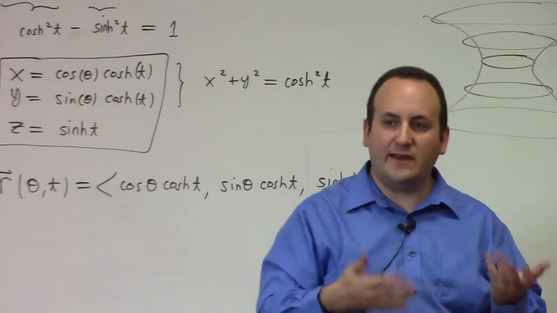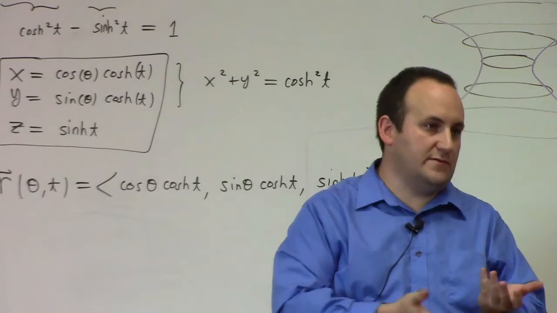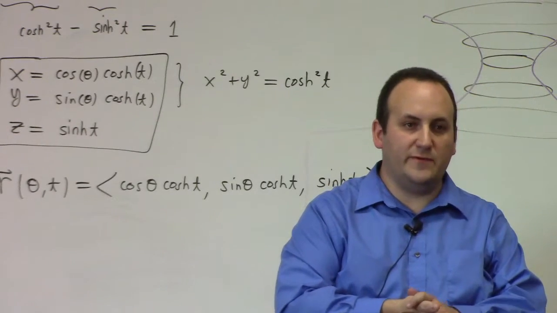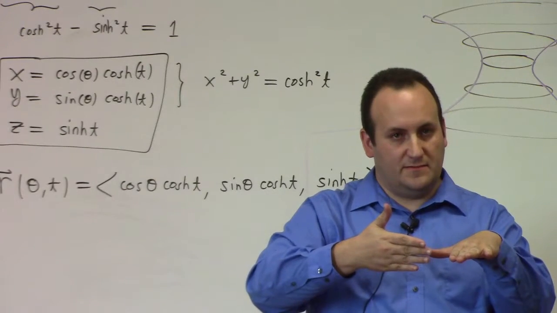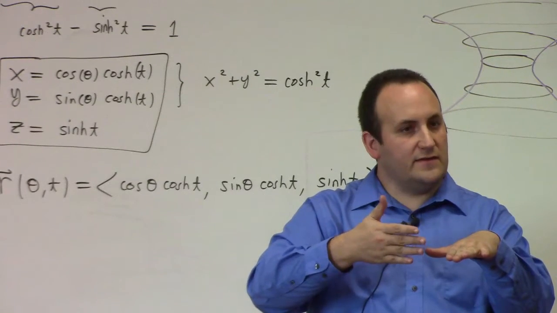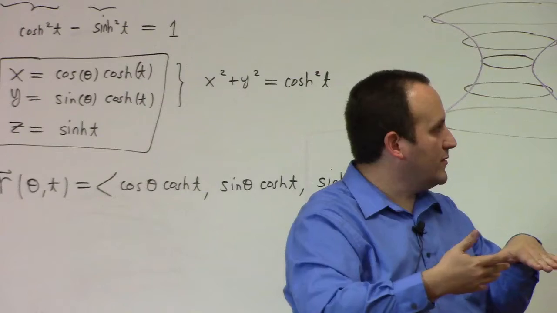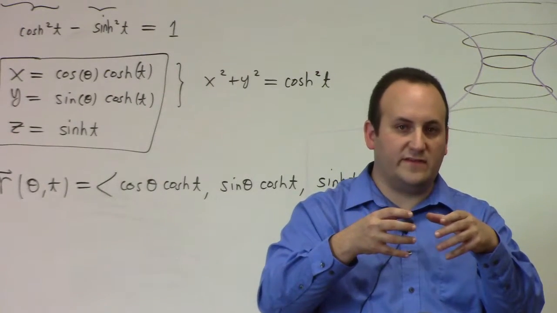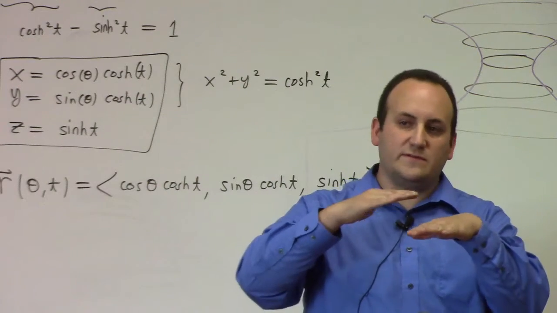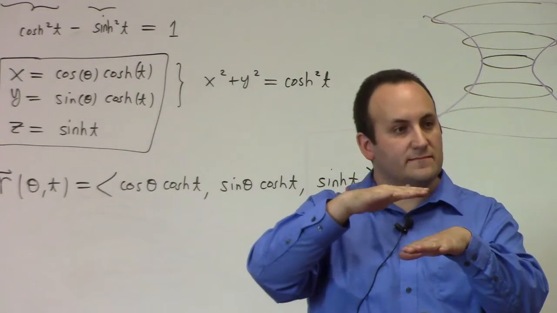Now, if I asked you what x equal to a constant, y equal to a constant, or z equal to a constant means in Cartesian coordinates, by now I hope you realize those are horizontal planes or vertical planes, right? But in the context of cylindrical coordinates, if I ask you what it means to freeze one of those variables, it's interesting. Well, z equal to a constant is still a horizontal plane.